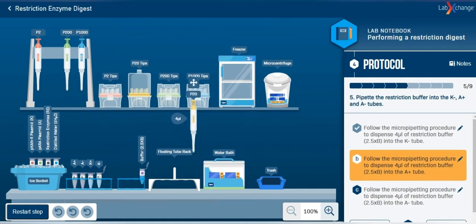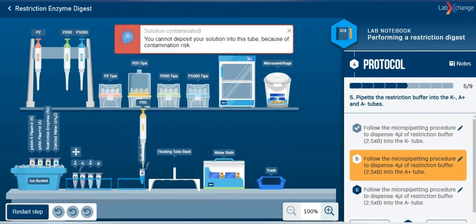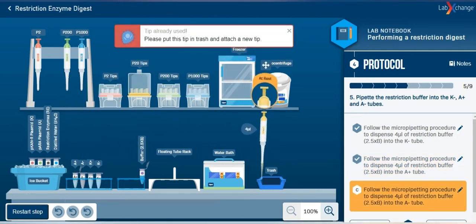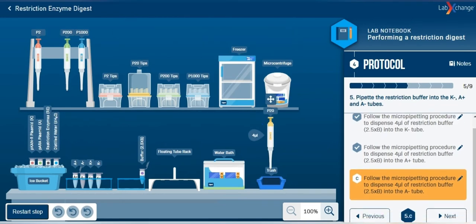Next, follow the micropipetting procedure to dispense 4 microliter of restriction buffer into the A plus tube. Then eject the tip, throw it into the waste container.